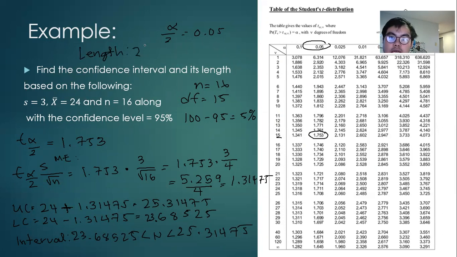We're just going to multiply the margin of error by 2. Let's check if it's correct. 1.31475 times 2 is 2.6295.